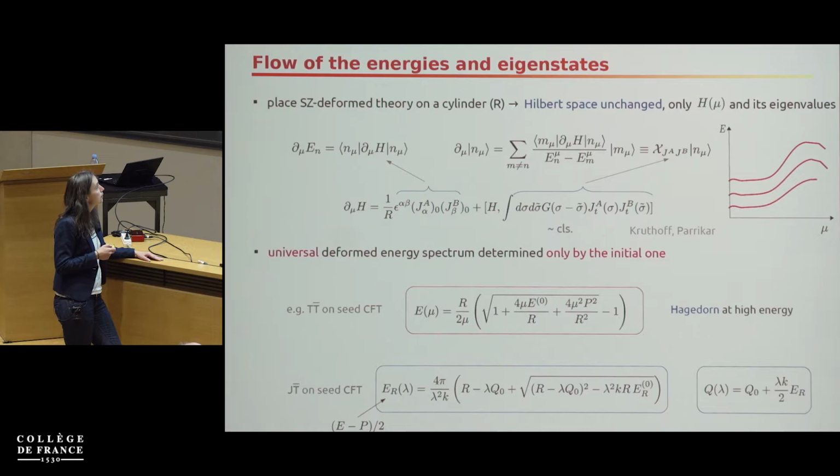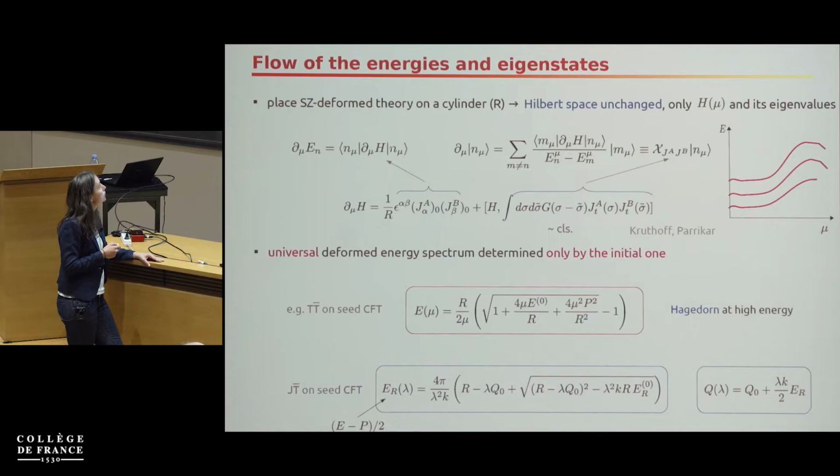The deformation doesn't change the Hilbert space. It only changes the Hamiltonian and its eigenvalues. So you have some flow in that Hilbert space, and the energy eigenstates just flow according to first order quantum mechanical perturbation theory. I guess everybody should be able to recognize this.